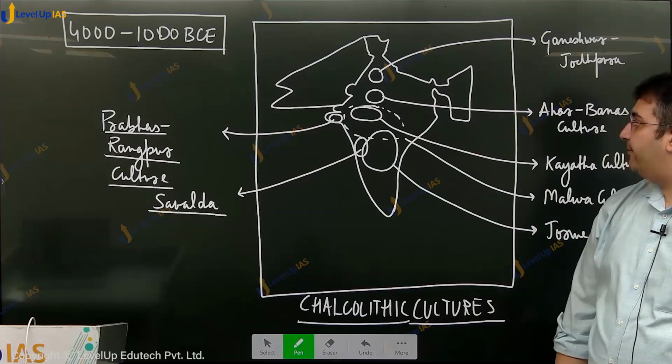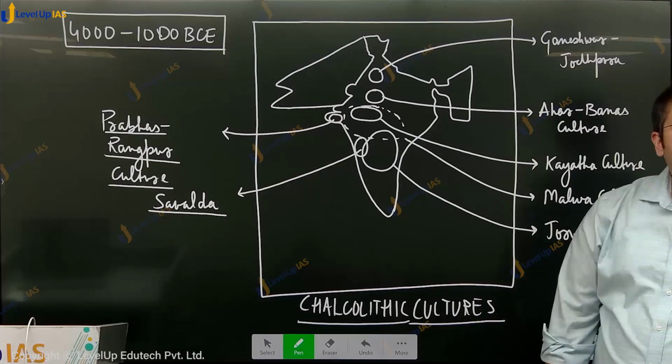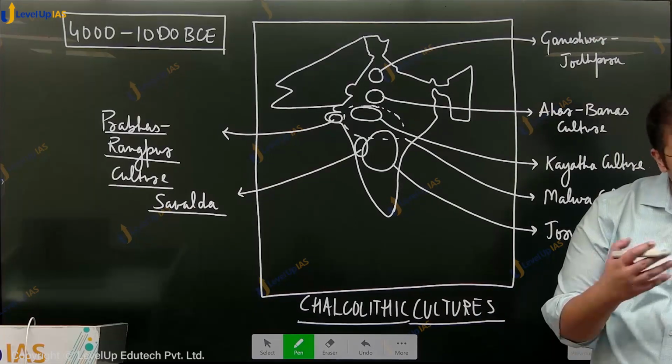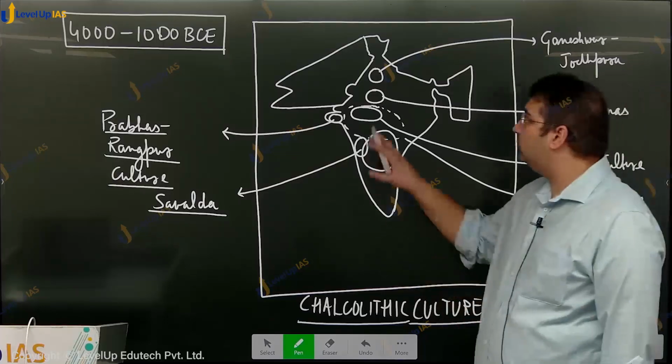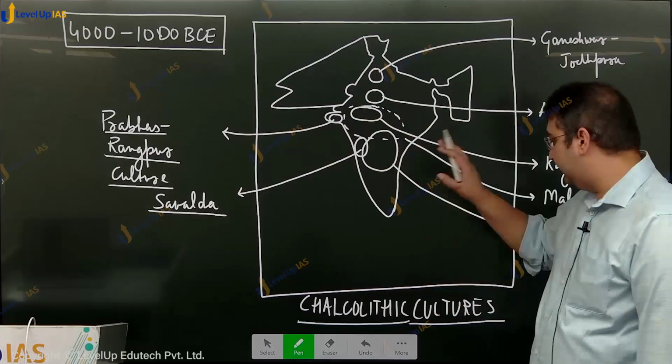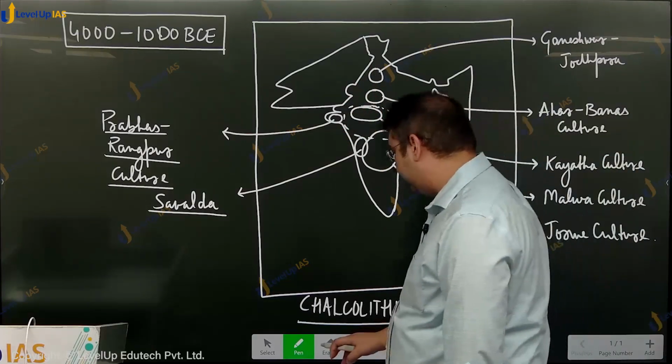Then, apart from this, there were some early Harappan or pre-Harappan Chalcolithic cultures which also flourished in this region, in the region of present-day Pakistan.